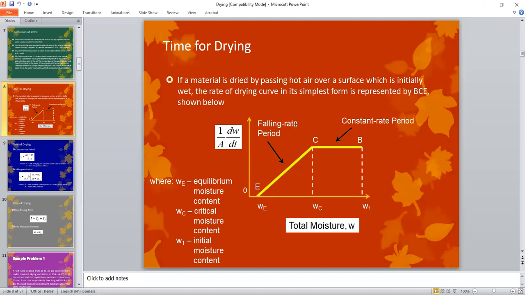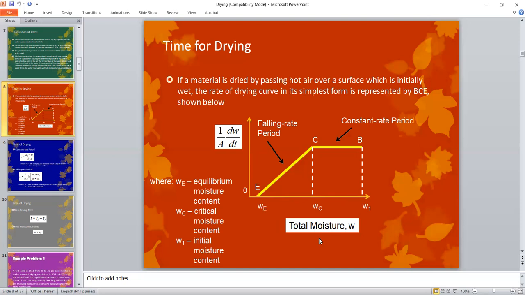And W sub 1 is the initial moisture content. So we're talking of total moisture here: initial total moisture content and total critical moisture content. All of these are in total moisture measurements, W1, WC, and WE.